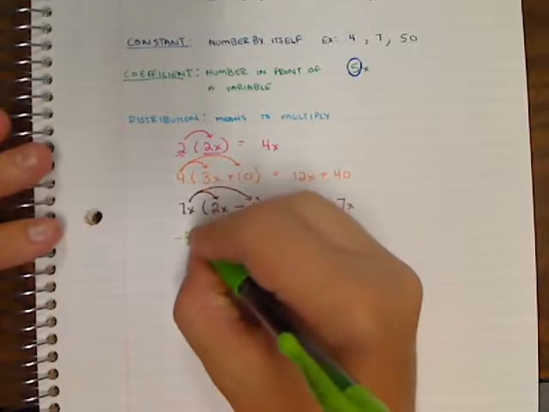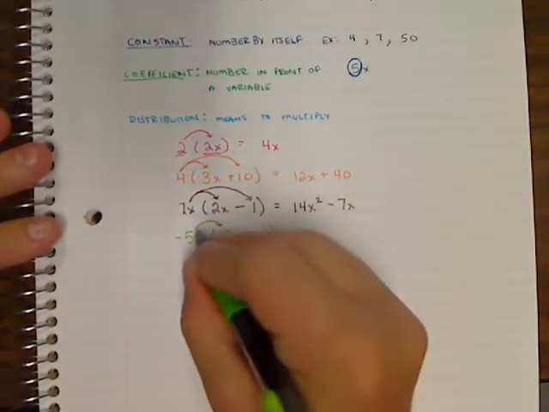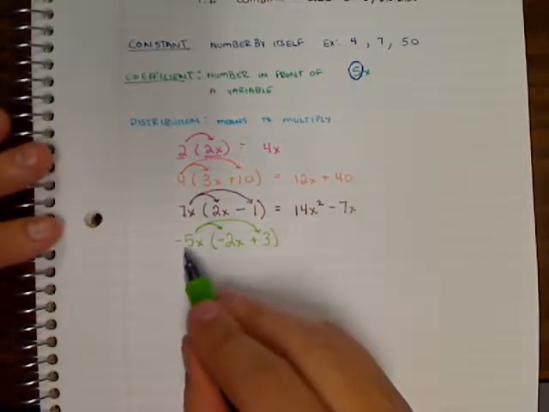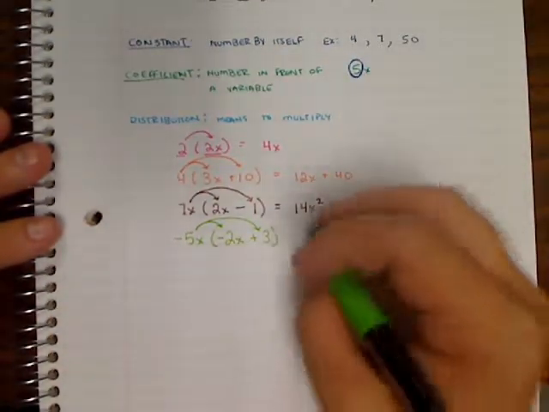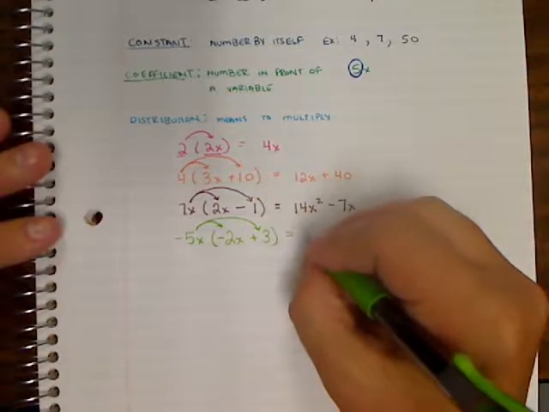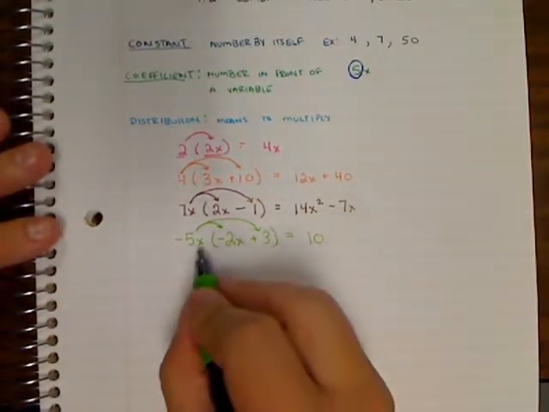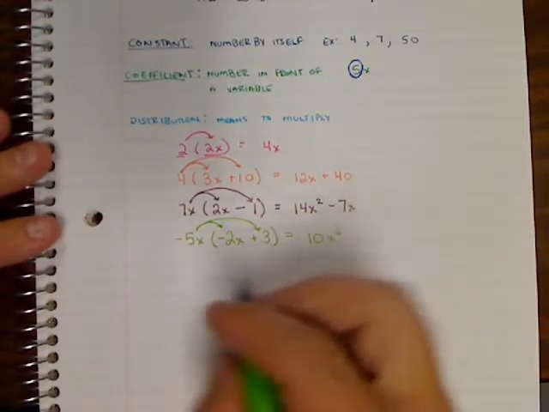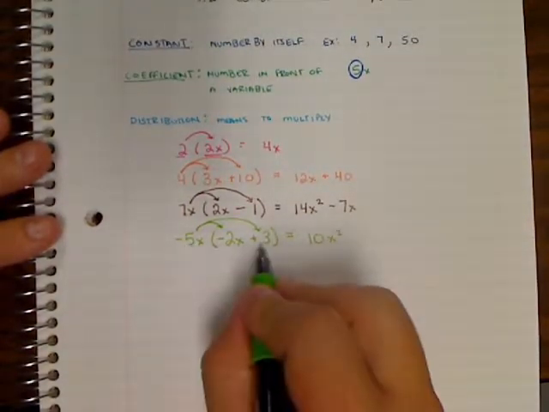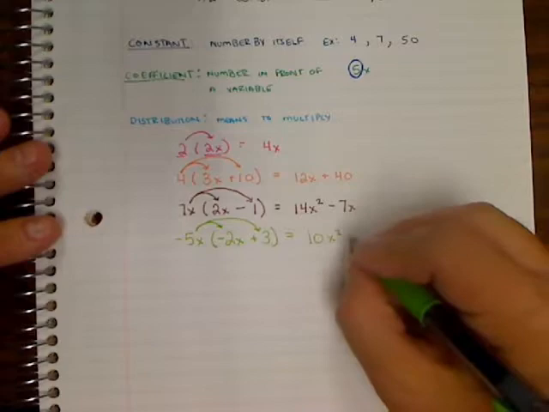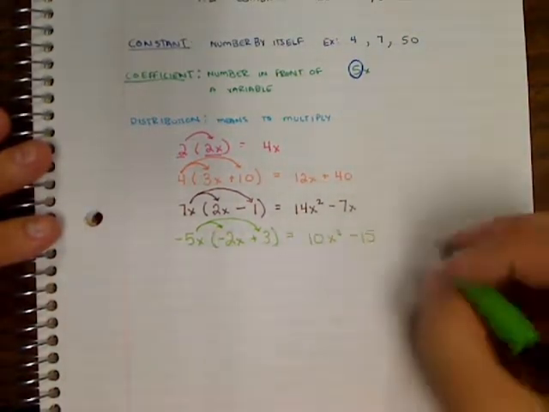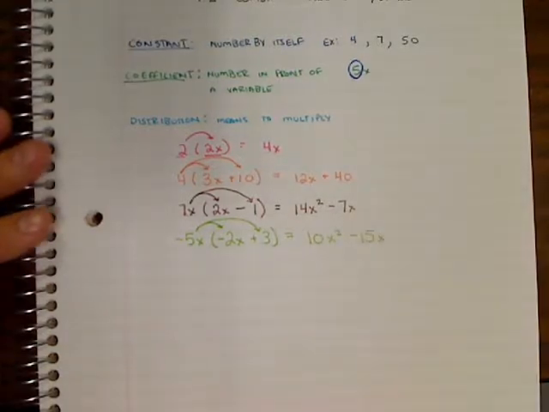So I'm going to distribute this to everything inside. Negative times a negative is going to give me a positive. So it'll give me positive 10. And then x times x is going to give me x squared. Okay. Negative 5 times positive 3 will give me negative 15. Since there's no x to multiply here, I'm just going to leave it as a singular x.